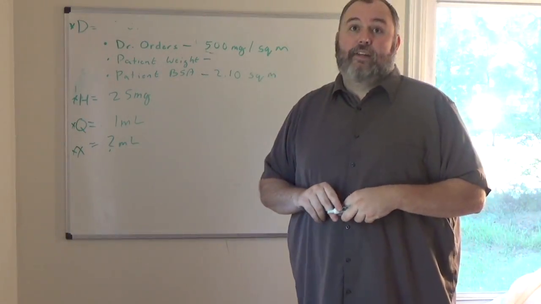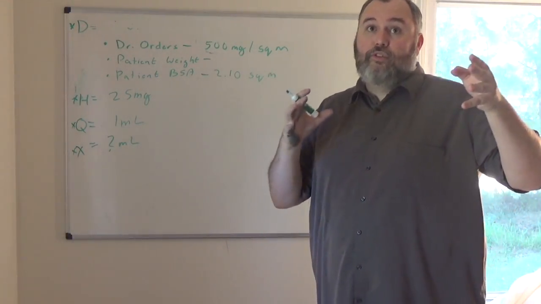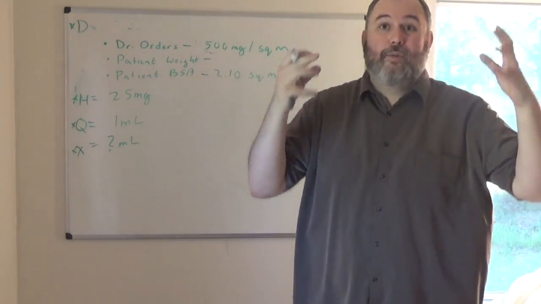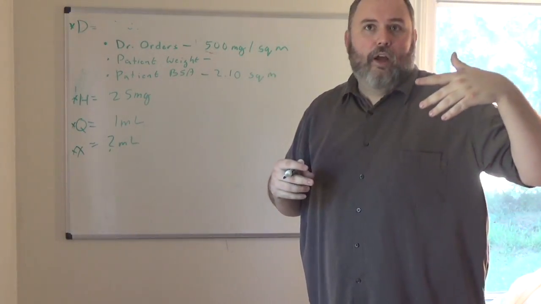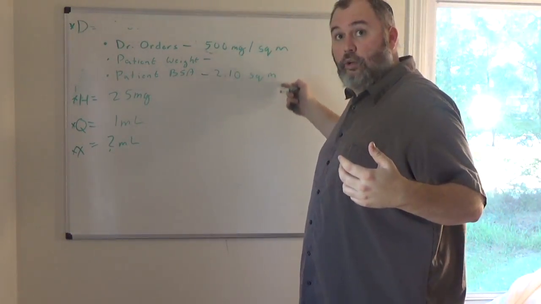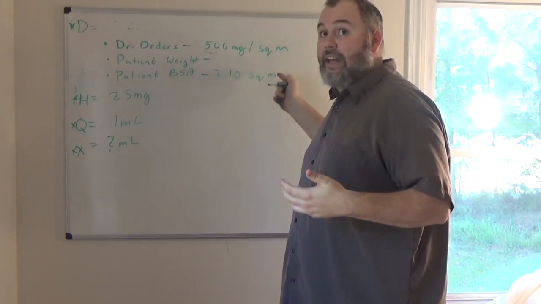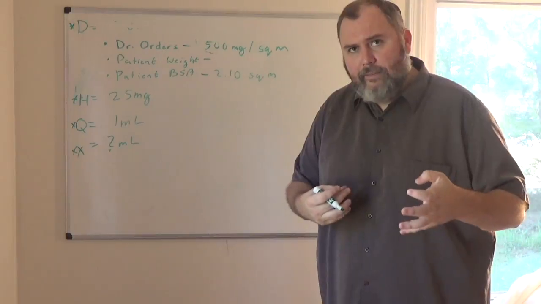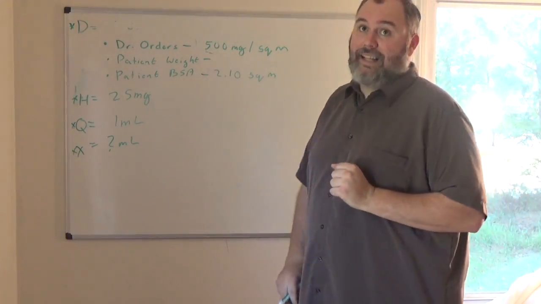Go back to the last video. I told you that when you see the doctor's orders say that, bells should be going off that you need to know the patient's BSA. And if you know the doctor's orders and the patient's BSA, which we do in this particular problem, we know both items. In order to calculate the actual dose that you need to give the patient, you have to multiply.